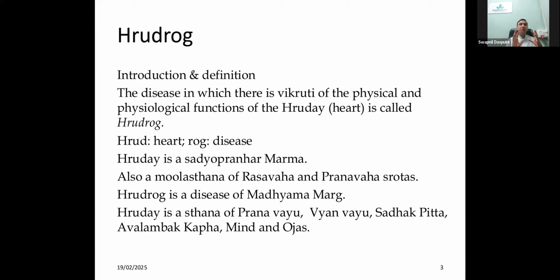However, the gati, the speed of mind, is so fast that one moment it will be at the toe nail, and the next second it will be near the ear, the next second at the little finger, and the next it can be at the hair root as well. So the speed of the mind is very fast, hence it is called Sarva Sharira Vyapi, but the location, or the headquarters of mind, is considered to be the heart.